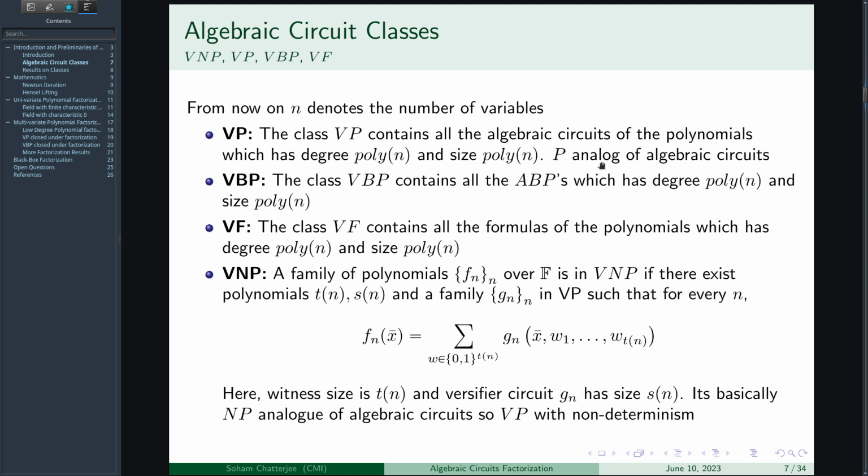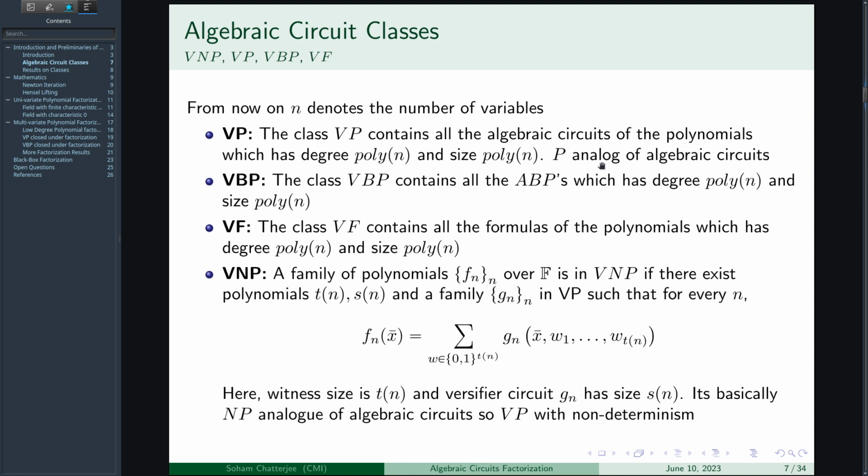So t(n) is a value, and you have that many w variables.